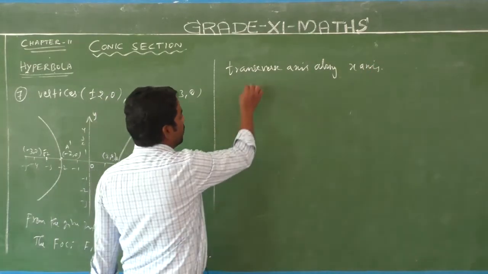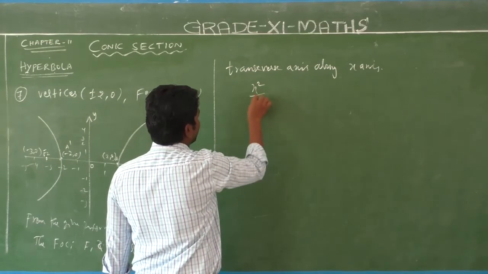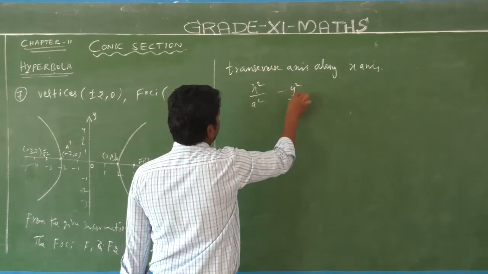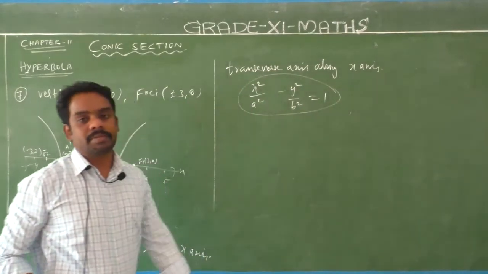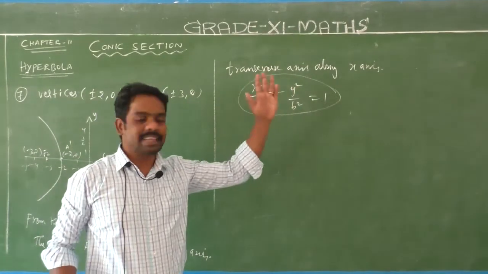We know the formula: x squared by a squared minus y squared by b squared is equal to 1. This is the equation of the hyperbola when the transverse axis is along the x-axis.